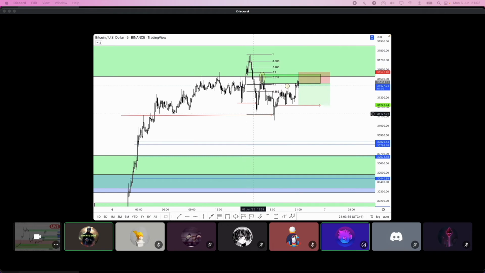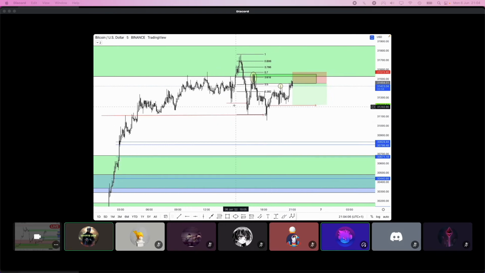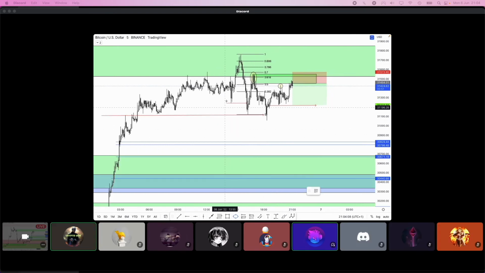Because I can see the structure shifted here, isn't it? From higher highs and higher lows. We created this high and then we broke the structure and then we started creating lows from here.